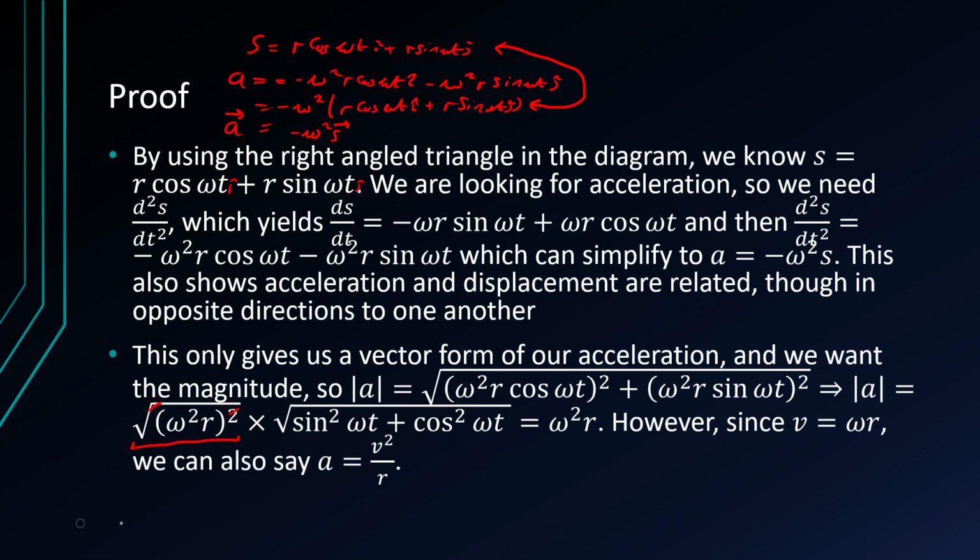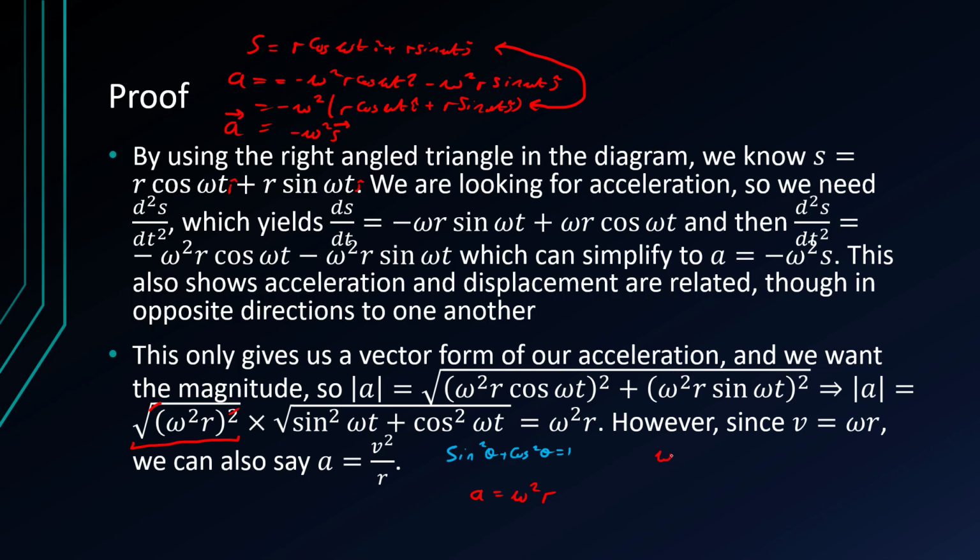Now, there's a trigonometric identity that says sine squared theta plus cos squared theta is 1. So even if theta is omega t, this statement will hold true for any angle, which gives us that our centripetal acceleration so far is omega squared r. However, we know that v equals omega r.